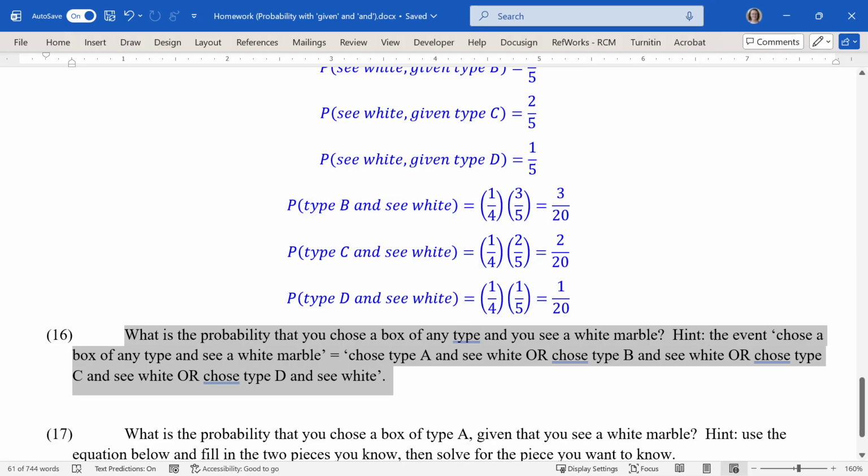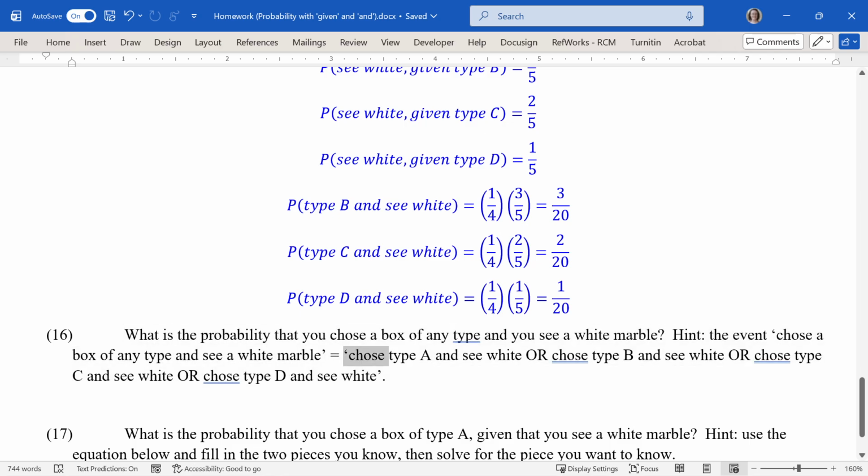So the hint here says the event chose a box of any type and see a white marble is the same as chose type A and see white, or chose type B and see white, or chose type C and see white, or chose type D and see white. So the event of getting any box and seeing the white marble can be broken down into these 4 different possible ways that it could happen.